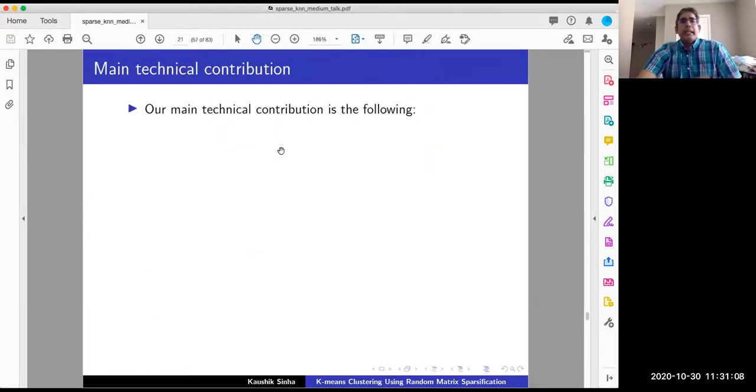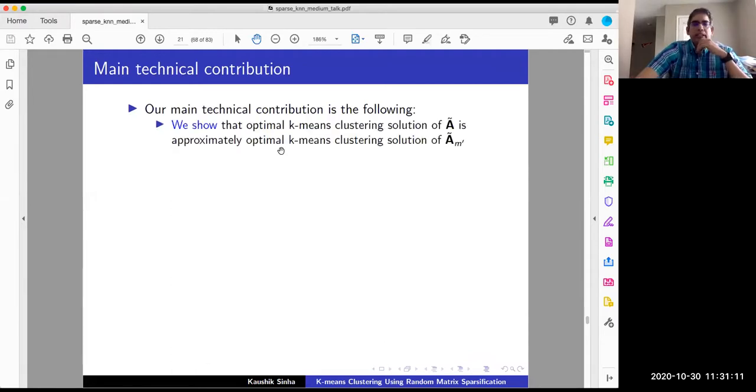Okay, so now our main technical contribution is as follows. First, we show that the optimal k-means clustering solution of the sparsified matrix is approximately an optimal k-means clustering solution of its best rank M prime approximation.